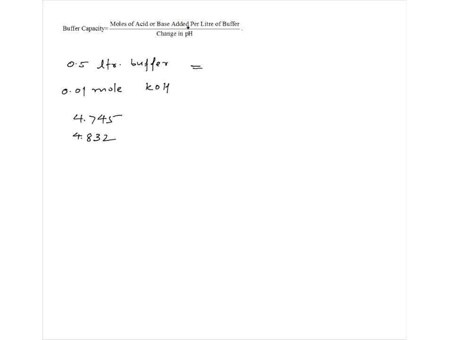Moles of acid or base added per liter. Since you have 0.5 liters, you have to take double of it. 0.02 is what you need to take. That's a very important point. Divided by change in pH, which is very simple.